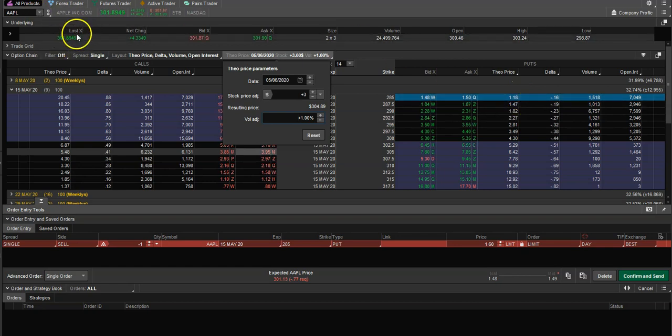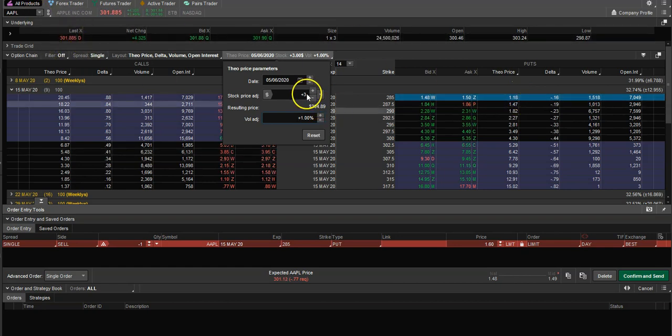The same $3 move, we're exactly where we're at, plus 3. Just that 1% implied volatility move of 32 to 33, we'll say, will add about 10 cents of value to make it more expensive.